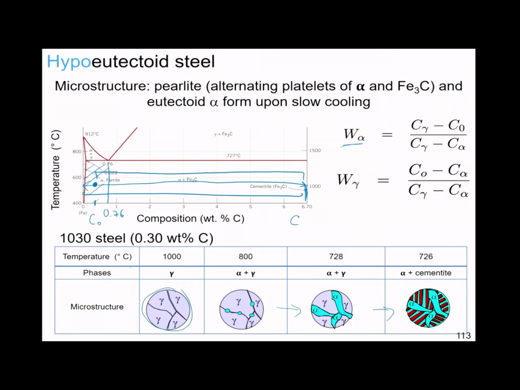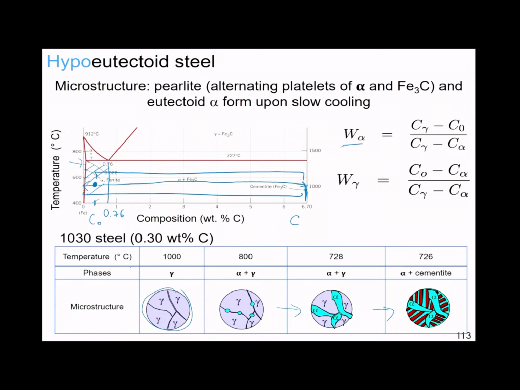And then eventually at 726, so right below the eutectoid temperature here, you'll get the stripes. Okay, so you still have your pro-eutectoid and then your eutectoid microstructure. Okay.